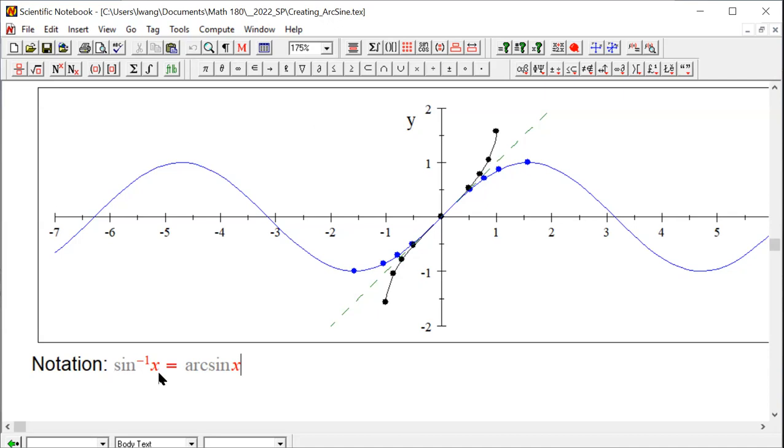So don't think this is the inverse for sine. It is not. It's ArcSine. ArcSine means what? It means the domain is the absolute value less than or equal to 1, and the range is between negative pi over 2 to pi over 2.